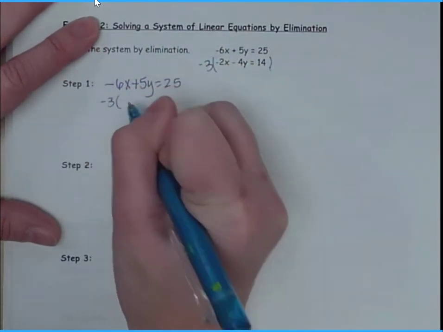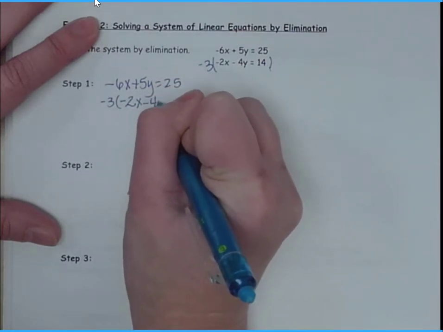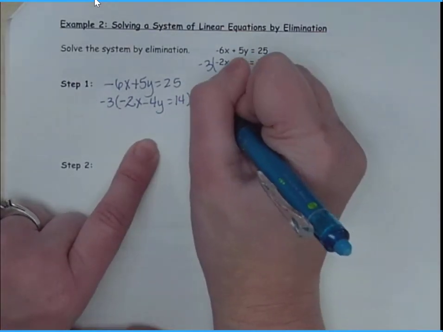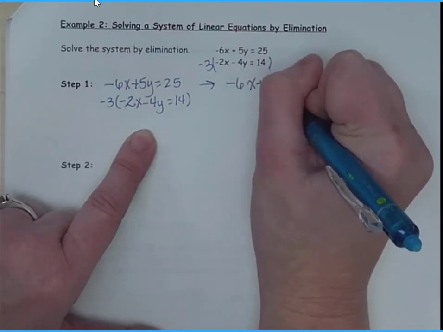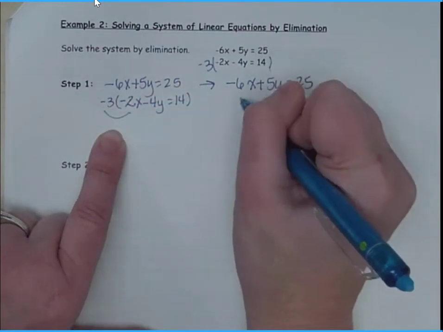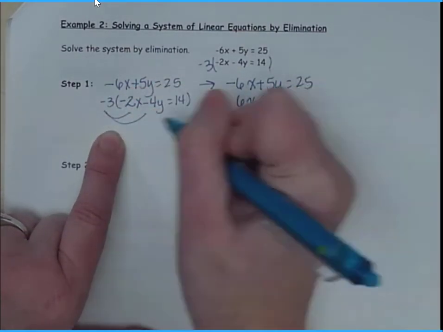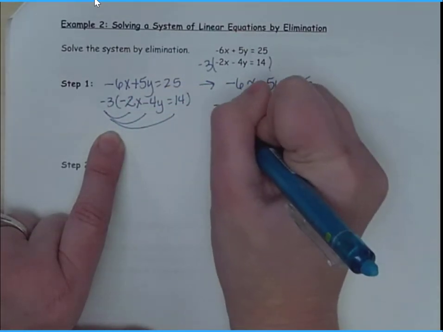Then I'm multiplying that second equation by a -3, the whole entire equation. So that first equation remains the same. So I have -6x plus 5y equals 25. Now I'm going to distribute: 6x plus 12y equals -72.